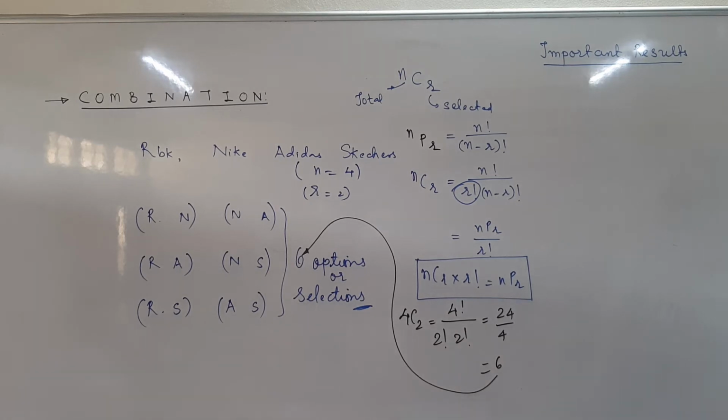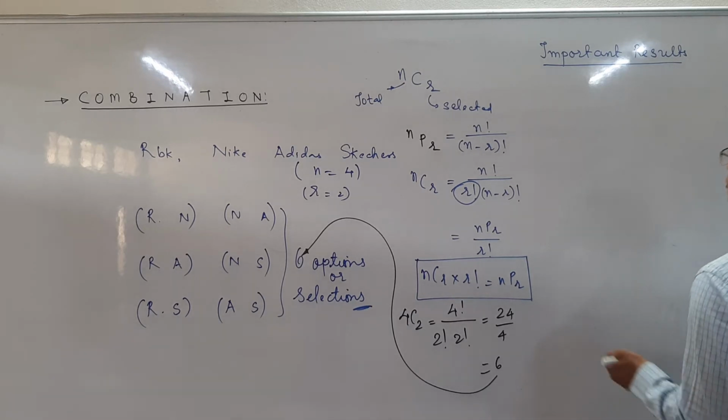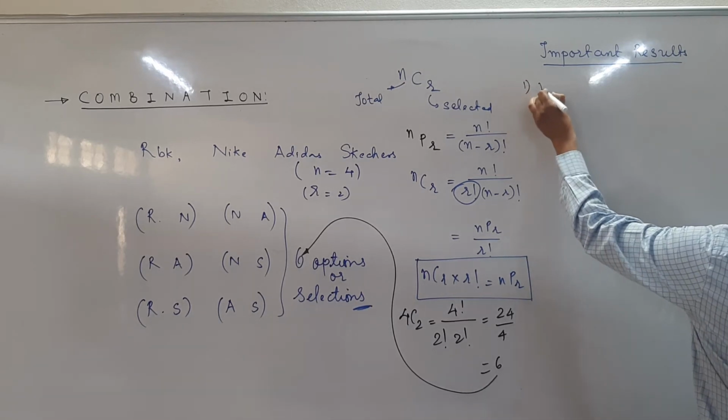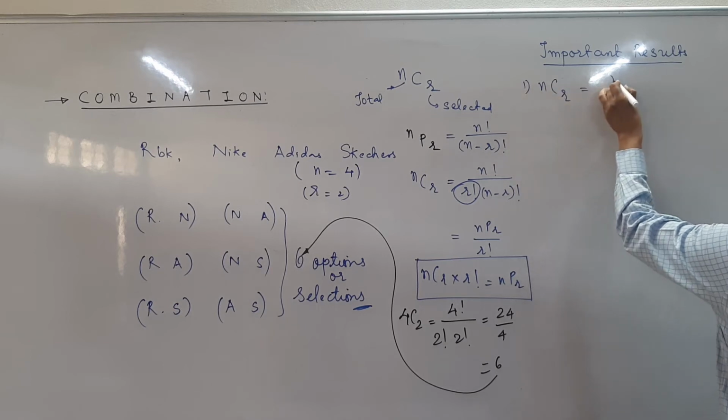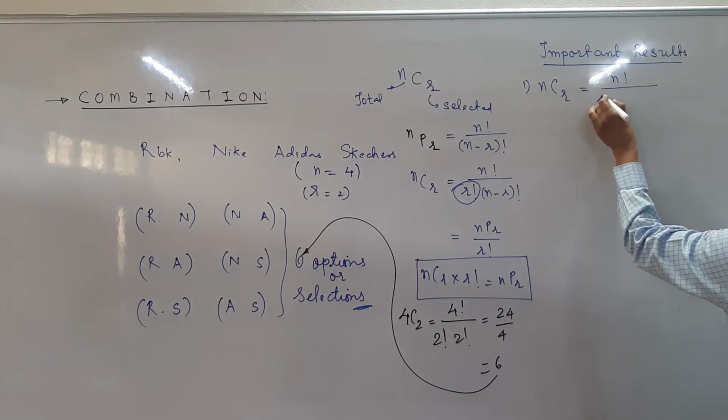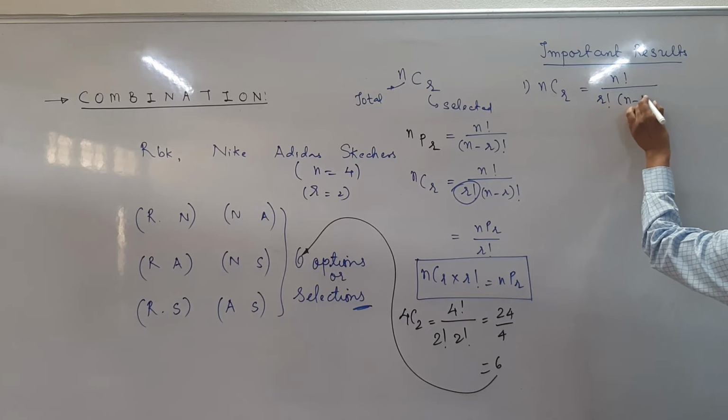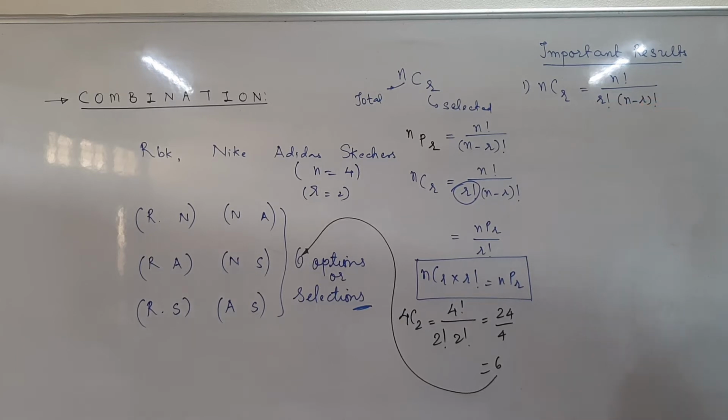Students, the first and foremost result is the standard formula of combination: NCR is equal to n factorial upon r factorial into n minus r factorial.